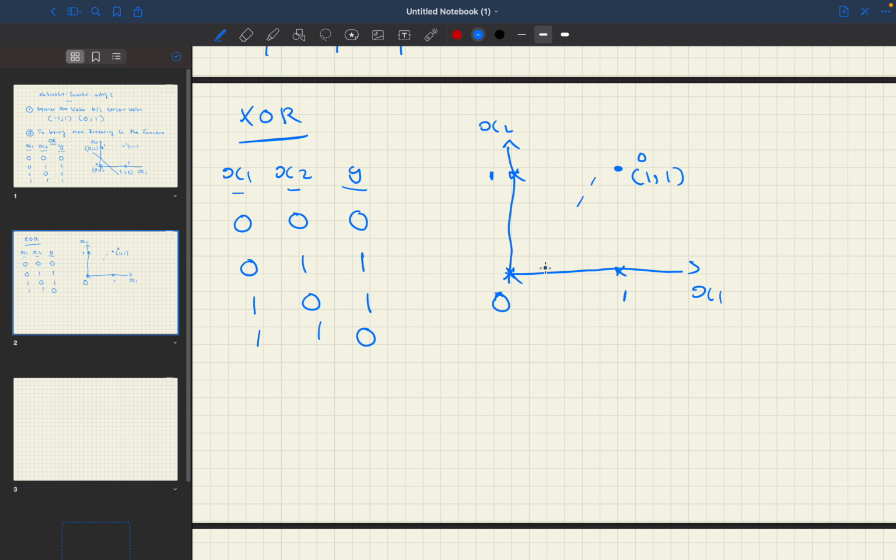If you draw something like this, it is also very hard. So this kind of function is called a non-linearly separable function, and the above one is called a linearly separable function. In the XOR function, we cannot use a single classification model. So in this scenario, we have to use the neural network.